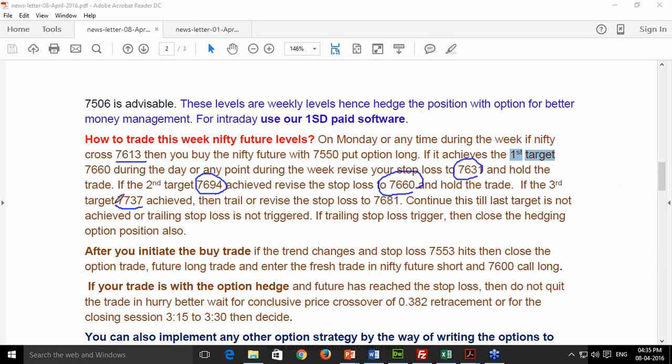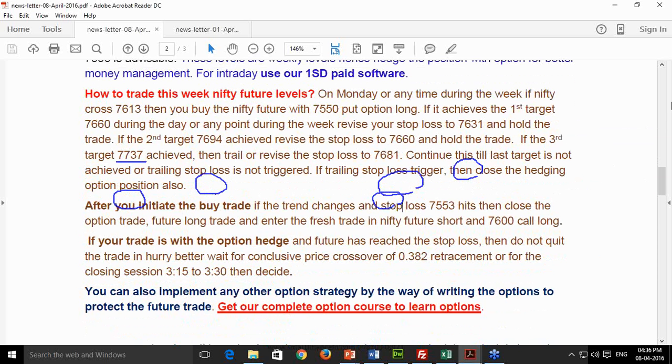Once you go to the third target, because we have achieved two levels of targets, here I will narrow down a little. Once you achieve the third target, I narrow down to 0.786, and once you go to the 1.236 level, you narrow down your trailing stop loss to 0.888. This is how you should proceed.